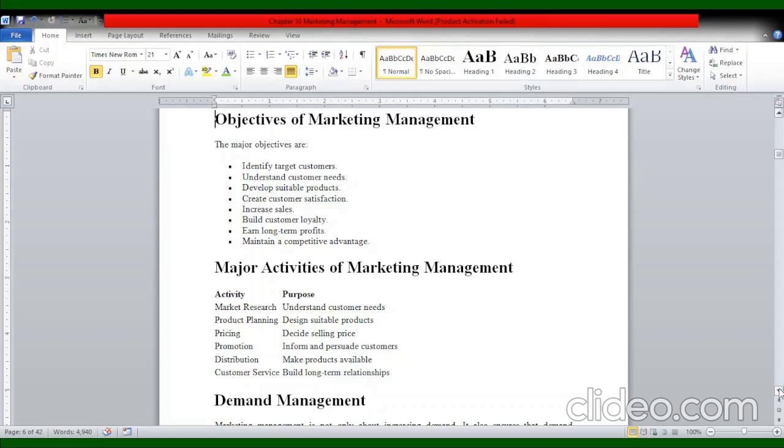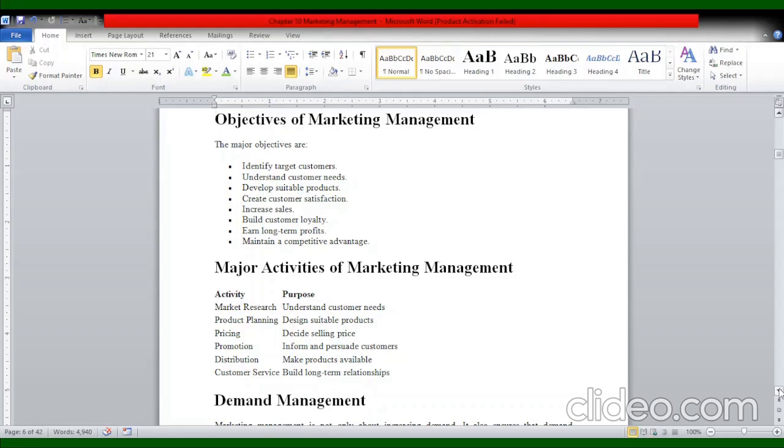It creates customer satisfaction, right? When you provide a product as per the specification and requirement of the customer, it creates customer satisfaction. It increases sales, in figures or in amount, and builds customer loyalty, because you are providing the product as per their needs. You are giving them marketing offers, warranty and price offers.